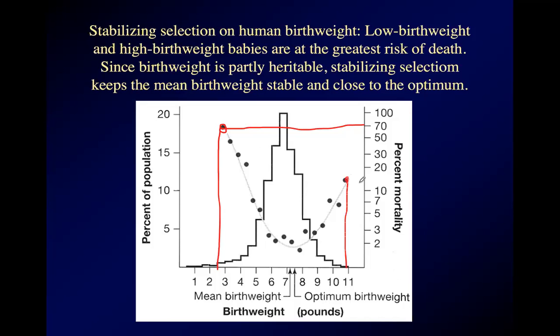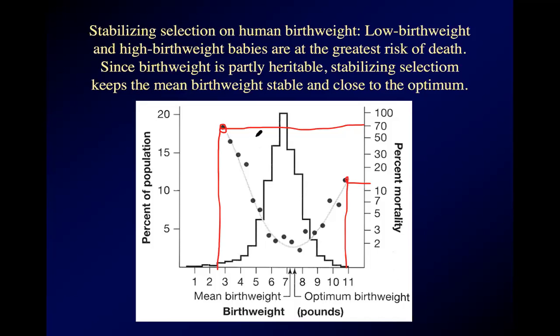pounds, right there, had as much as a 15% chance of dying during birth, probably just because they're a lot more prone to damage during the birthing process because they're getting squeezed so much harder because they're bigger. Also, possibly they might be causing more damage to the mother, and that might put them at risk.